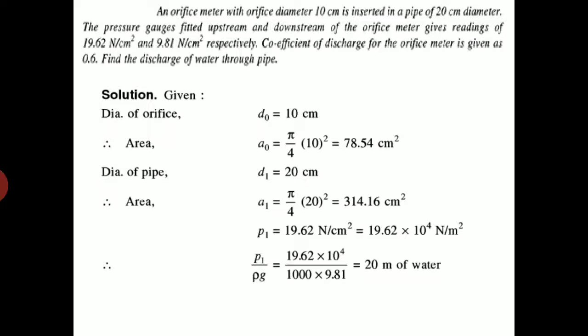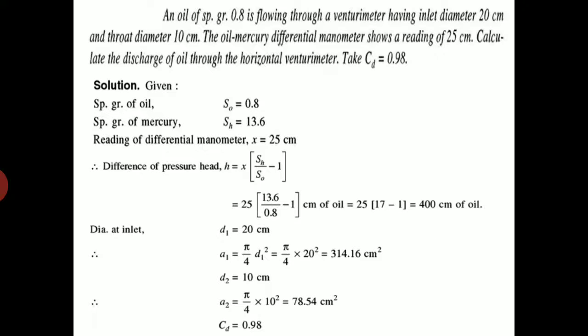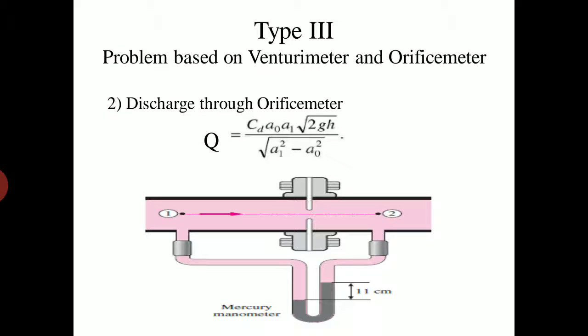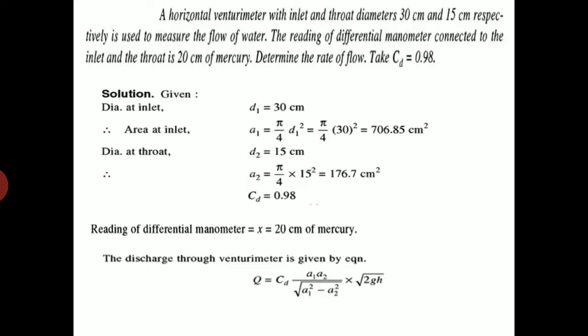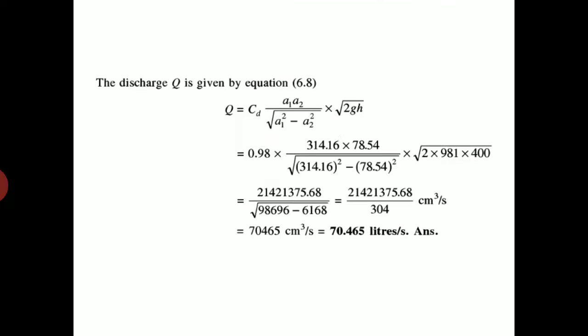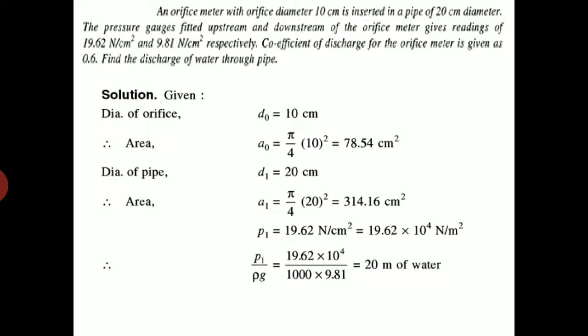In this numerical, pressure gauges are fitted to the orifice meter instead of this arrangement, and they directly give us the pressure at 1 and pressure at 2, which are 19.62 Newton per centimeter square and 9.81 Newton per centimeter square. First of all, we need to convert them into Newton per meter square by multiplying by 10 to the power 4.